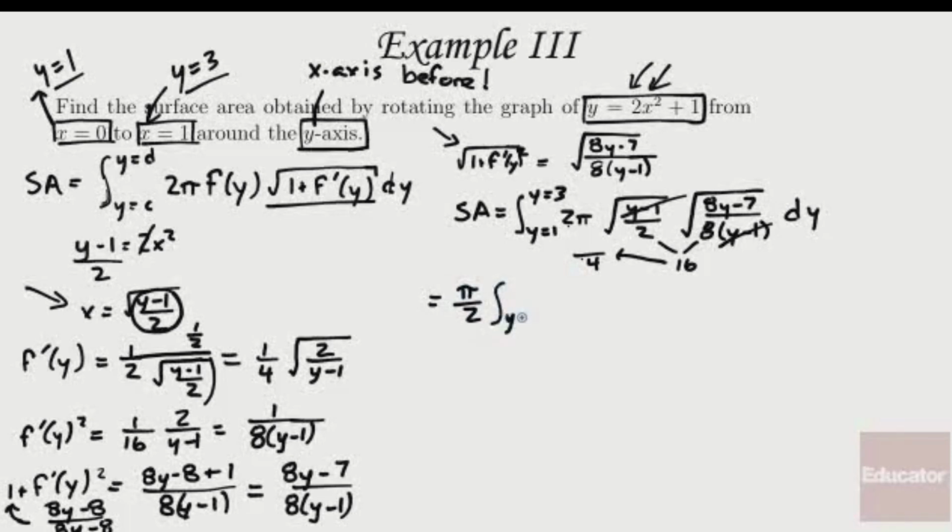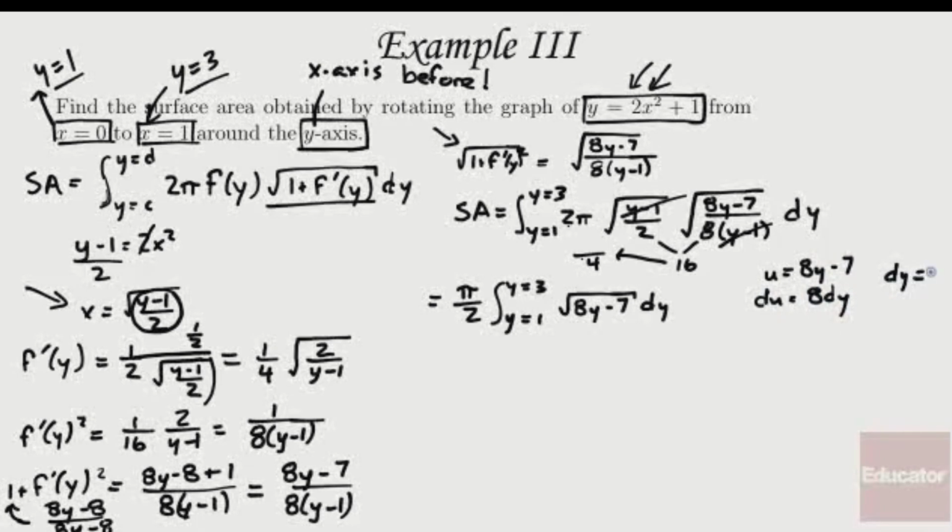So we get the integral from y equals 1 to y equals 3 of the square root of 8y minus 7 dy. And now we can use u equals 8y minus 7. So du equals 8 dy, and dy is 1/8 du.